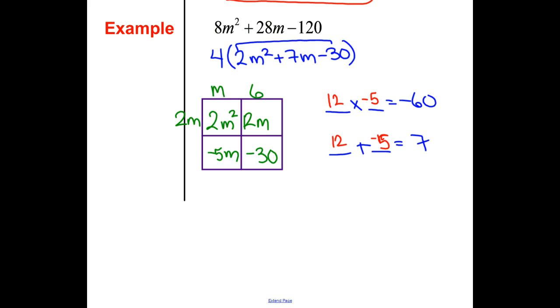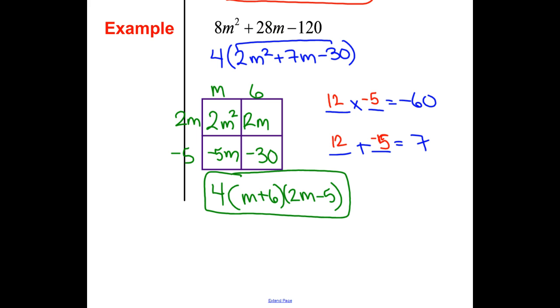Negative 5m and negative 30 will be negative 5. So my factors are m plus 6 and 2m minus 5. We're not going to be a bonehead this time. We're going to remember our 4 and bring it on down. And there's our factored version of this problem.